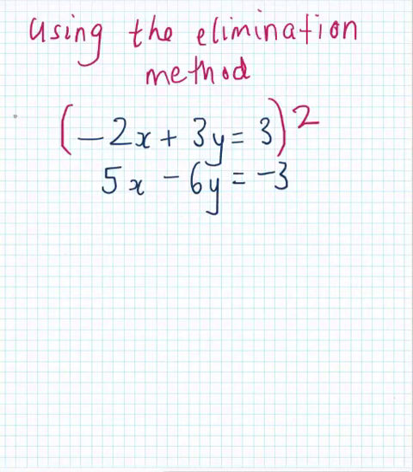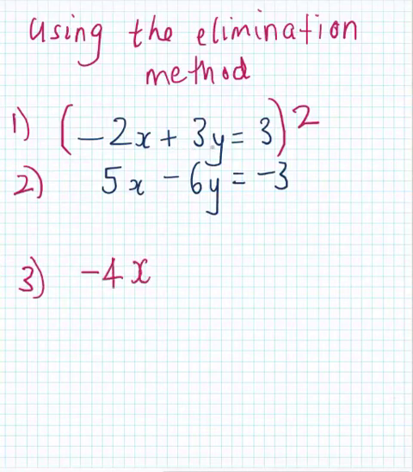So this is really, we can say, equation 1 and equation 2, okay? And you can write a little note here saying we are multiplying equation 1 by 2, but I haven't got enough space. So it's important to show clear working out. So my next equation, I can call this equation 3. I will have minus 2x times 2, well, that is negative 4x, and positive 3y times 2 makes positive 6y, and 3 times 2 is 6.